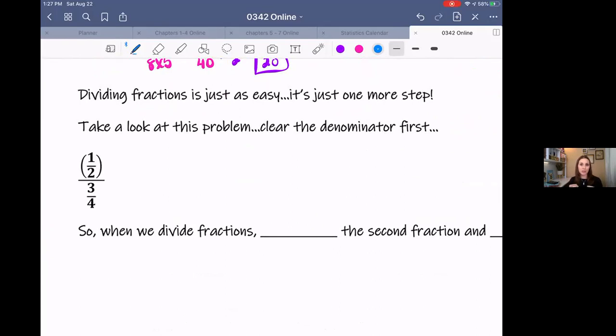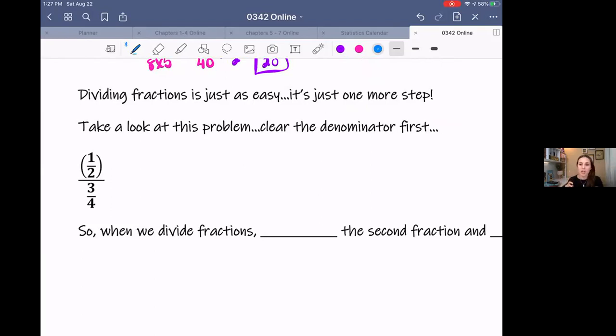Adding encompasses subtraction because subtraction is actually just addition of integers. So we really only have 2 operations, addition and multiplication. So that's why this is just called multiplying fractions, because that includes division.